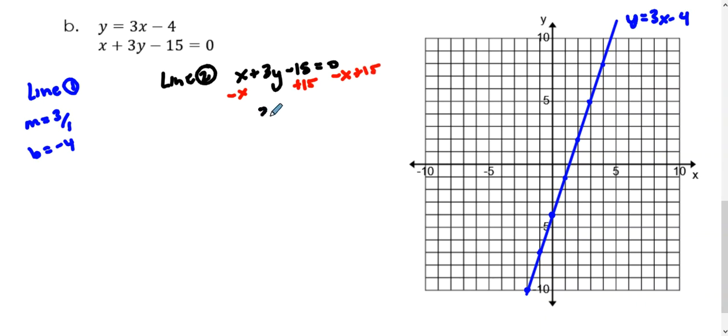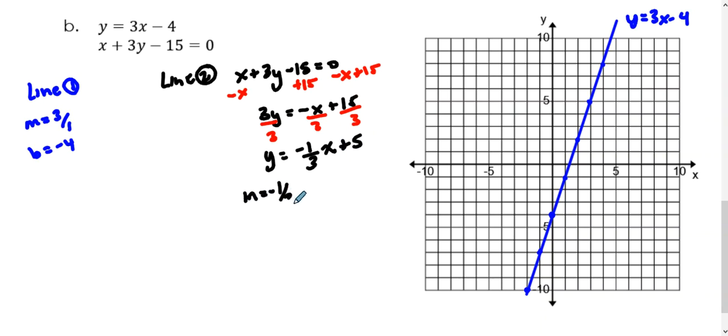So I've got 3y equals -x plus 15. All right, and we'll divide by 3. So I'm left with y equals -1/3 x, and 15 divided by 3 is 5. Okay, so what I know from that is my slope is -1/3, and my b value is 5.